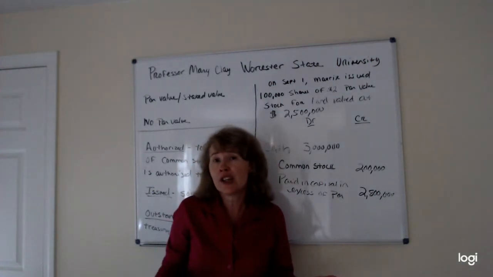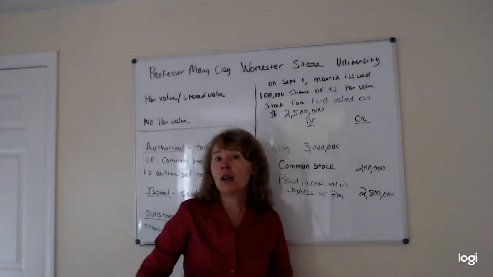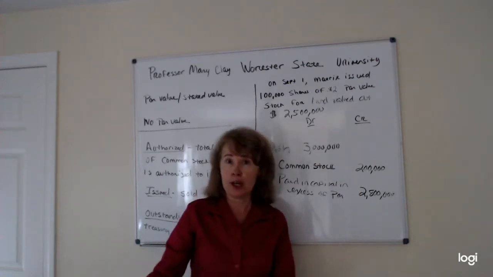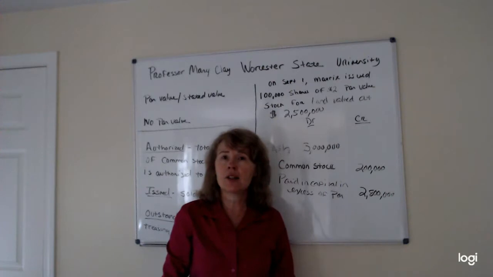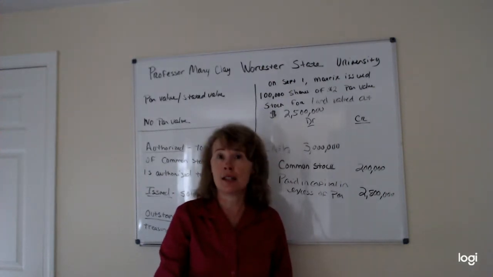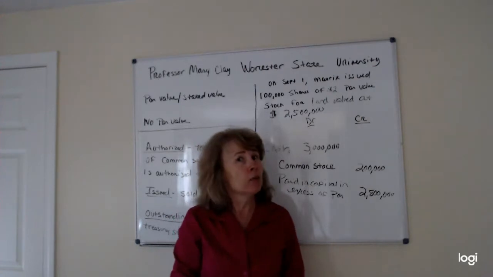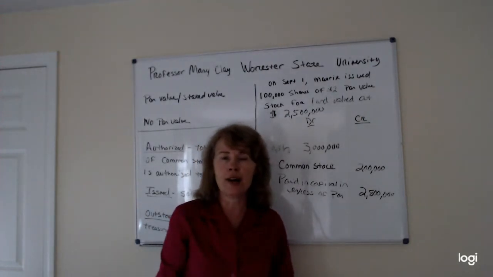So corporations can issue stock for land. One party has land, the corporation has stock. The party that has land says, okay, I'll sell you my land. You give me some of your common stock. And when a corporation does do that, think about what's happening. They're giving a piece of their company to that other entity.